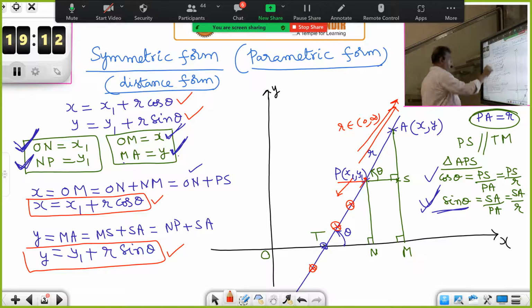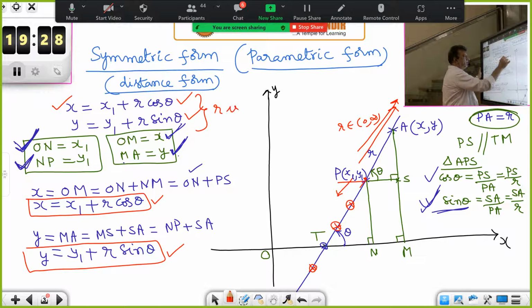So R takes values from minus infinity to plus infinity. So in these formulas, first formula x equal to x1 plus r cos theta. Second formula y is equal to y1 plus r sin theta. R is called the parameter. Whatever changes is called parameter. Here R is changing from point to point on the line, different points on the line.